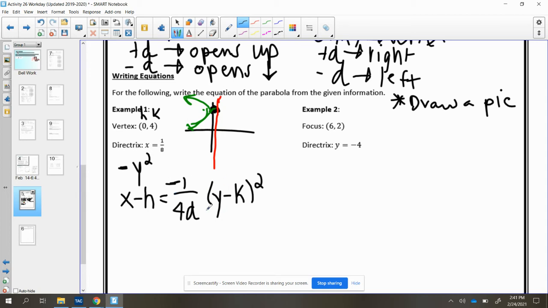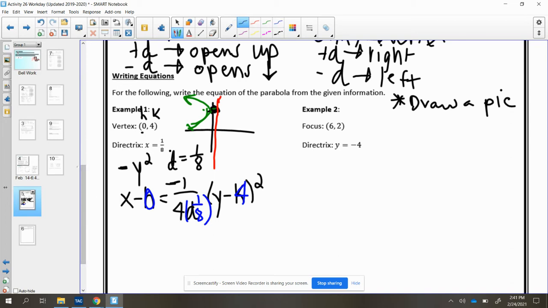We now want to think about what is this d value. Well, to get from 0 to 1/8, we are 1/8 to the right. That means that our d value has to be 1/8 as well, because we're moving from 0 to 1/8. So as we start plugging some things in, h and k are 0 and 4, and this time d is 1/8.